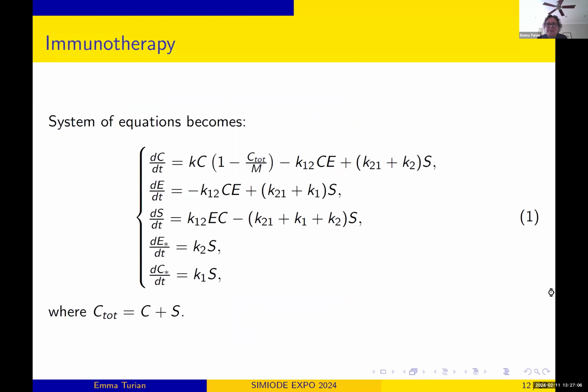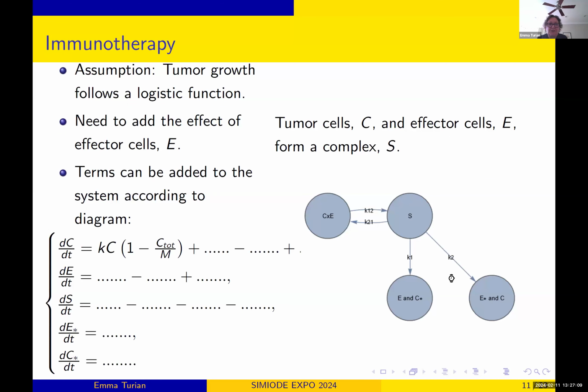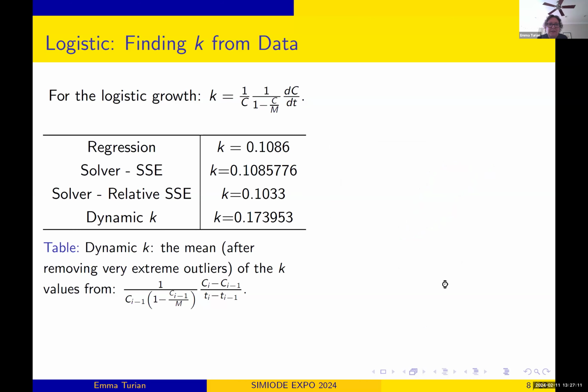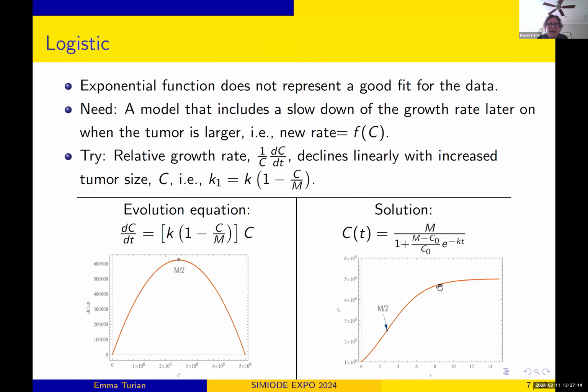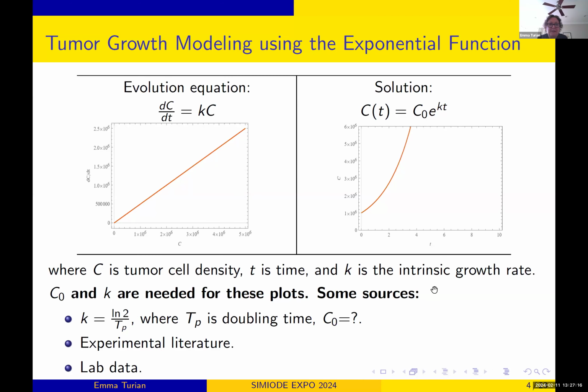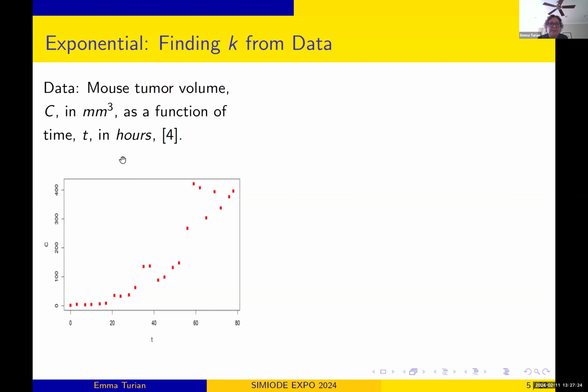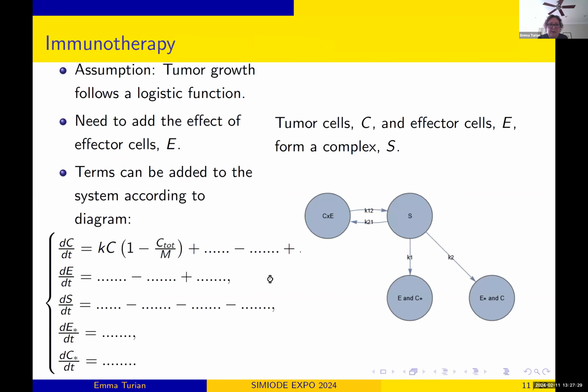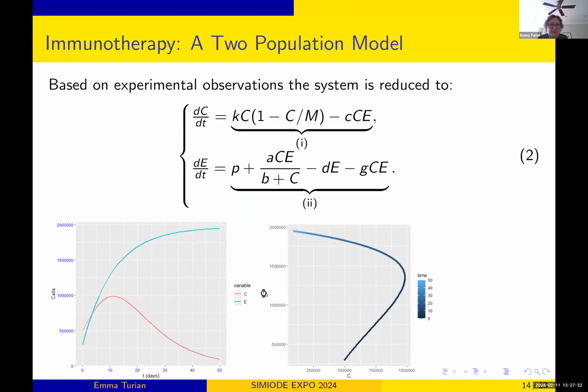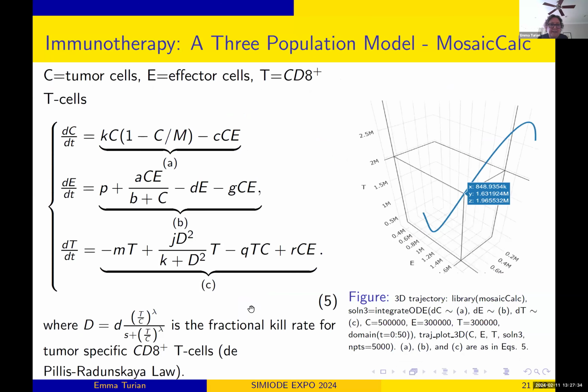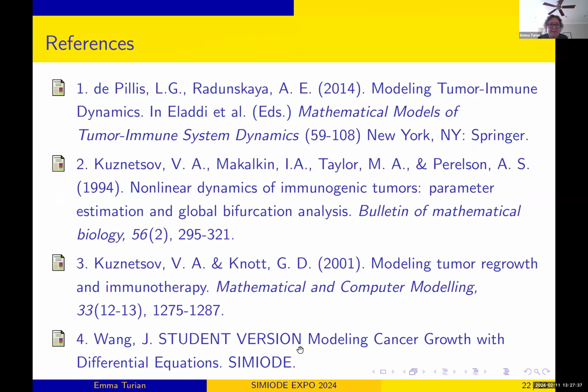Basically it's from the literature, because I don't have a lab. I'm now in contact with some people who have data from the lab, but this particular data in here is from a paper, which I can show you at the end. It's by I believe a student, his name is Wang. This is the student version, modeling cancer growth with differential equations.